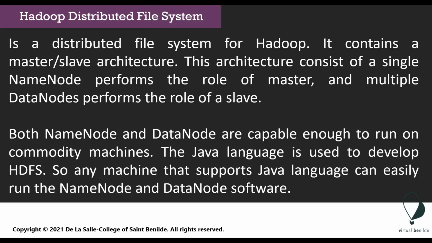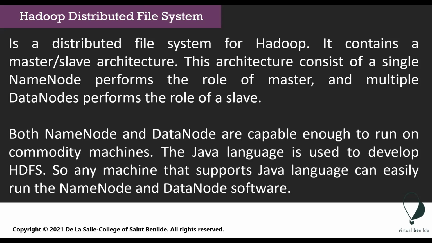Okay, so the Hadoop Distributed File System is a distributed file system for Hadoop. It contains a single master and slave architecture. This architecture consists of a single name node, which performs the role of master, and multiple data nodes, which perform the role of slave.